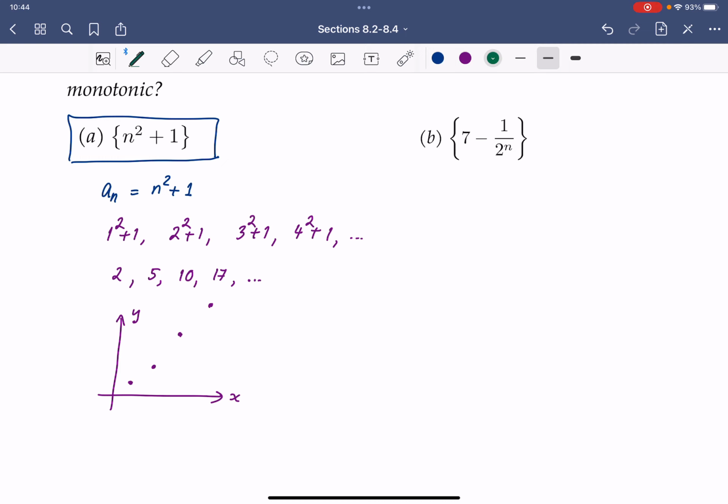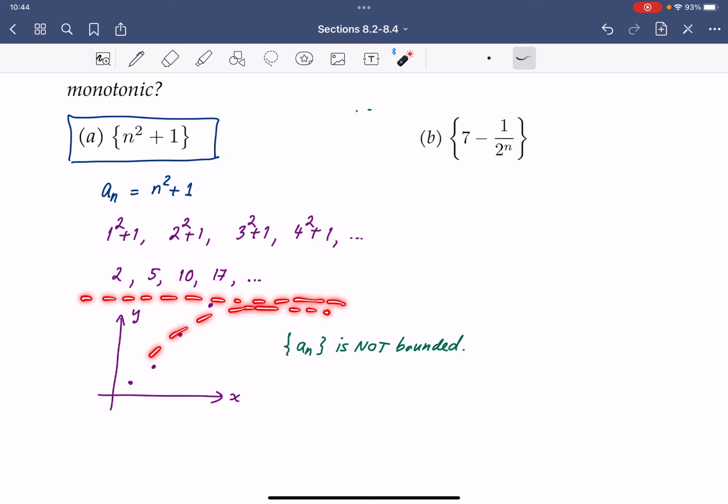So of course this a_n is not bounded, because you can see from the graph that there's no way this sequence is going to be bounded. Bounded means you have one number that controls the sequence, so it will never go beyond that line. But this is not bounded because it's going to keep going up.